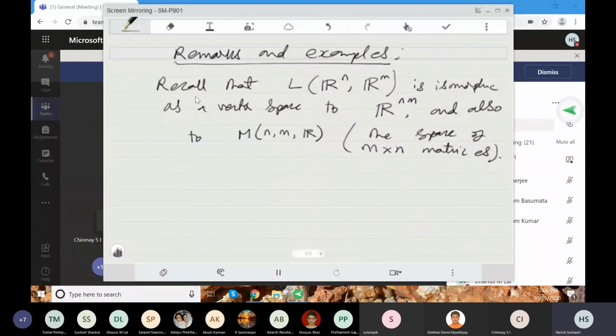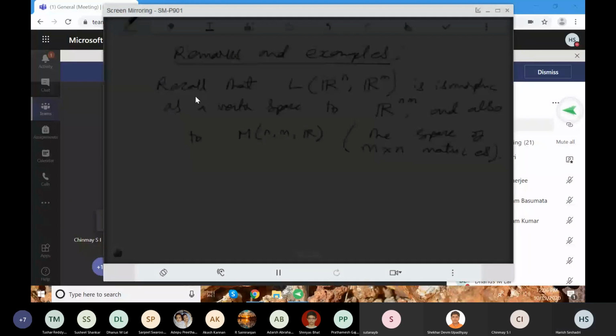So there are these three spaces: the space of linear transformations, Euclidean space of dimension n times m, and the space of m cross n matrices. They're all isomorphic to each other as vector spaces.